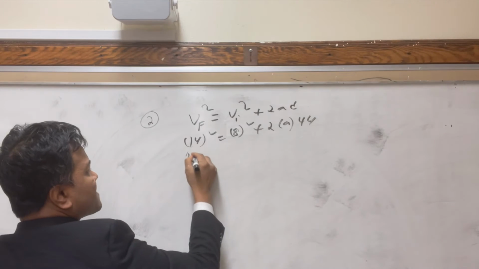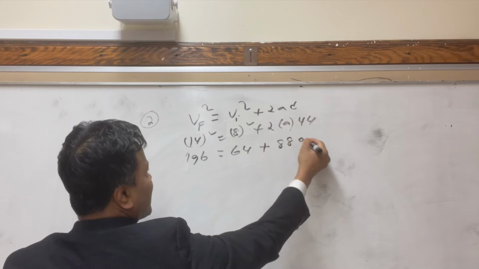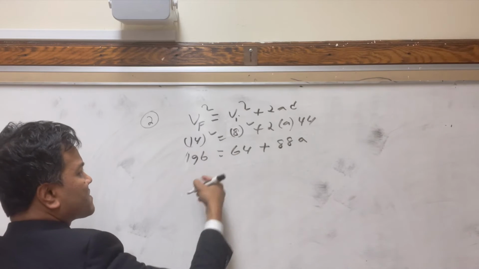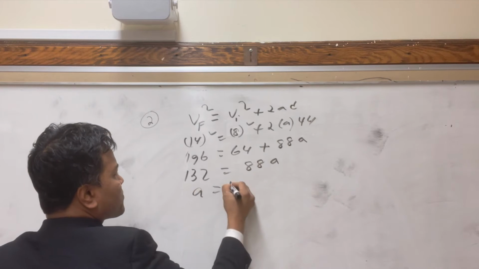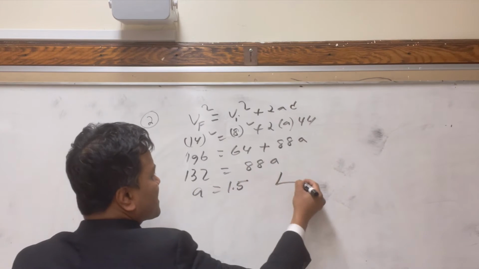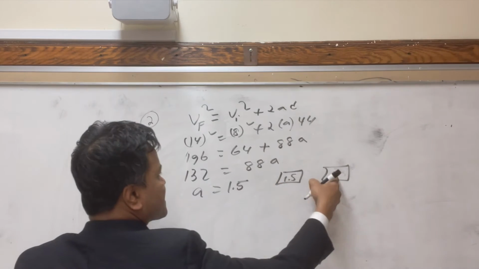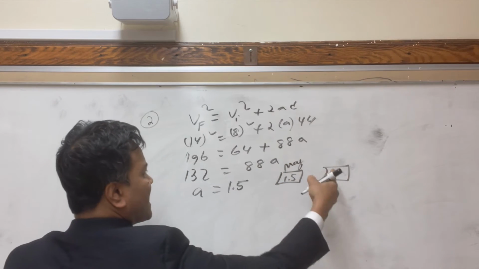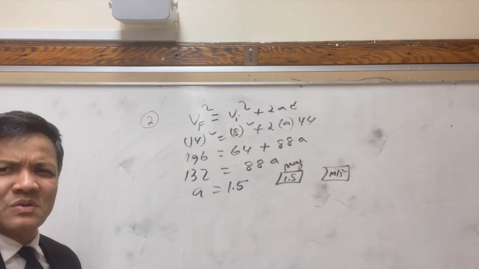So 196 is equal to 64 plus 88A. 196 minus 64, 132, is equal to 88A. So A is 1.5. Of course I gave you 2 boxes: 1.5 as the magnitude, and the SI unit you're going to write as meters per second squared. This is question number 2.